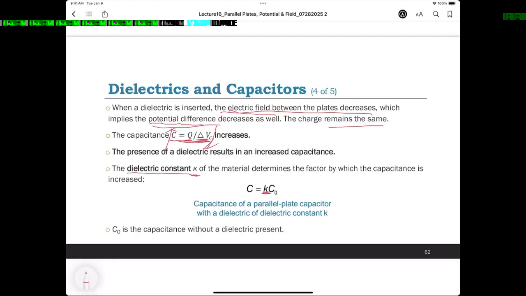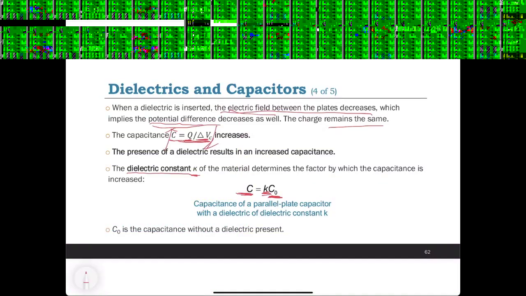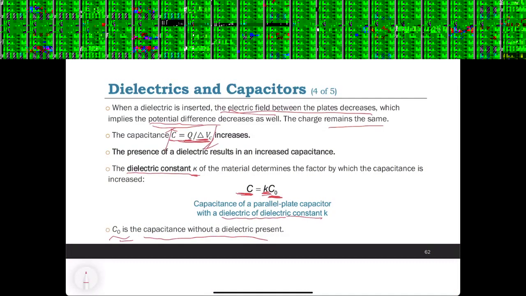This is the original capacitance, and this is after inserting the dielectric, and then this is the new capacitance. This is the capacitance of a parallel plate capacitor with a dielectric constant K. C0 is the capacitance without a dielectric present, which means that this is the original one. Does that make sense to you?